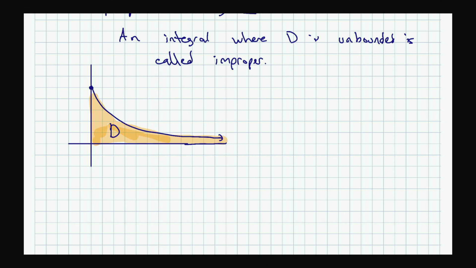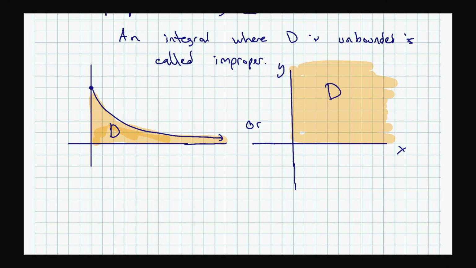Or sometimes they just do something like this, where they just say like the entire first quadrant, for example.